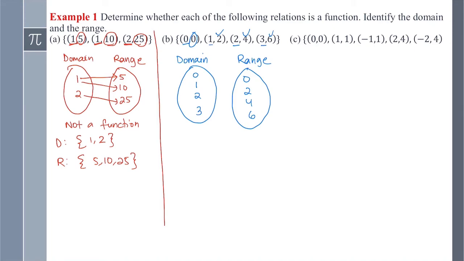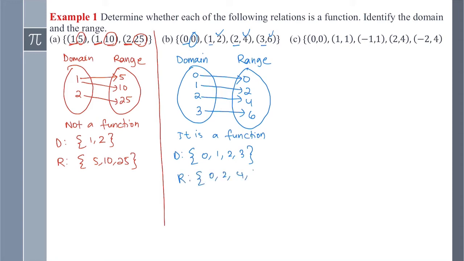Now if we map this, 0 is associated with 0, 1 is associated with 2, 2 is associated with 4, and 3 is associated with 6. So here each input is mapped to exactly one output. That means this is a function. In the domain are the elements in the first set, 0, 1, 2, 3. In the range, 0, 2, 4, and 6.